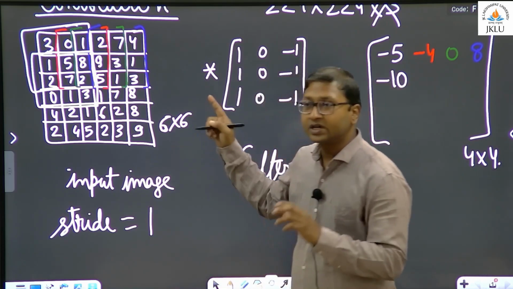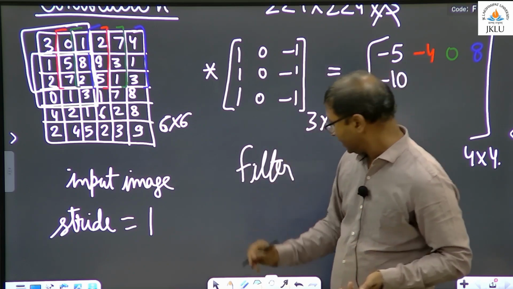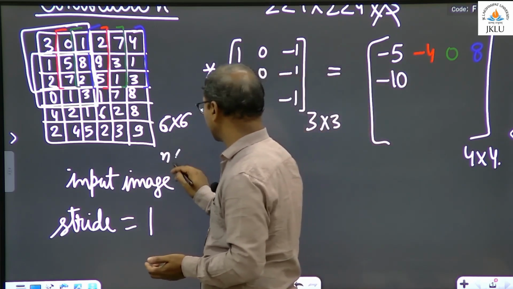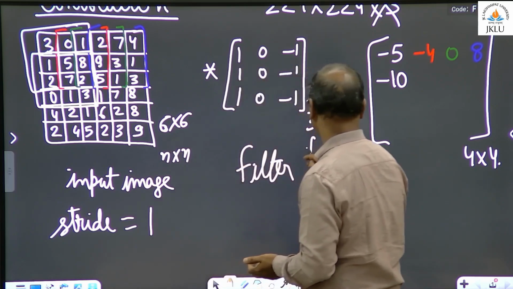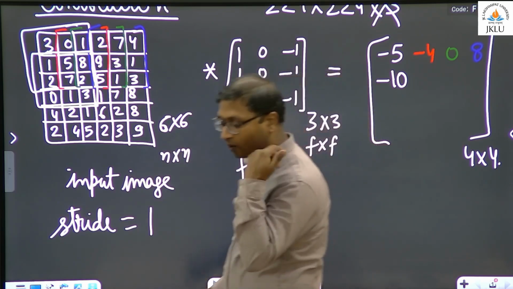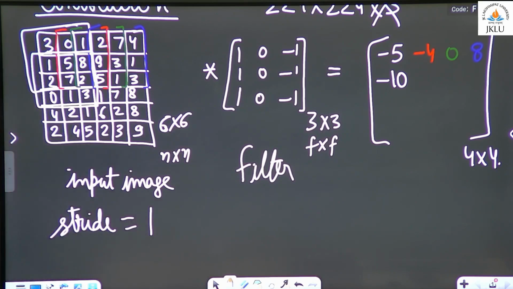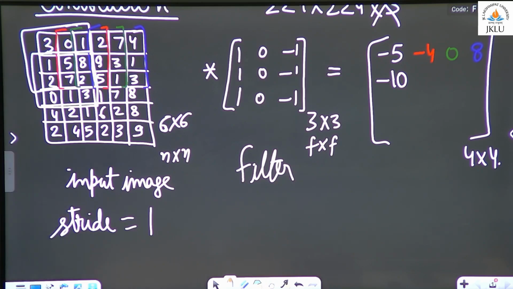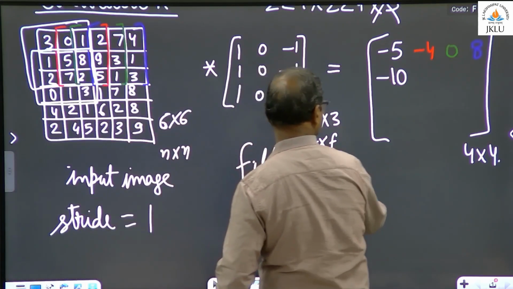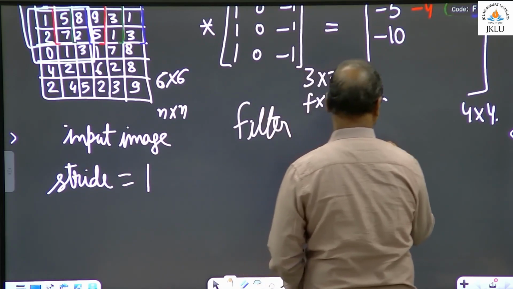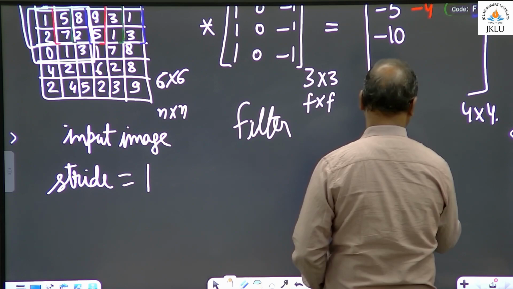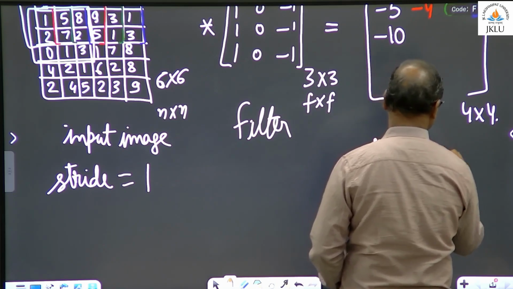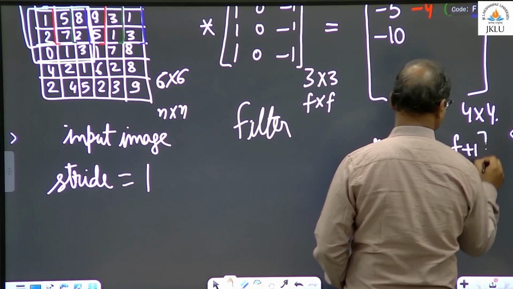Now instead of 6 cross 6 and 3 cross 3, if I give you n cross n and f cross f, what will be my output size? n minus f plus 1. So your output size will be n minus f plus 1 by n minus f plus 1.